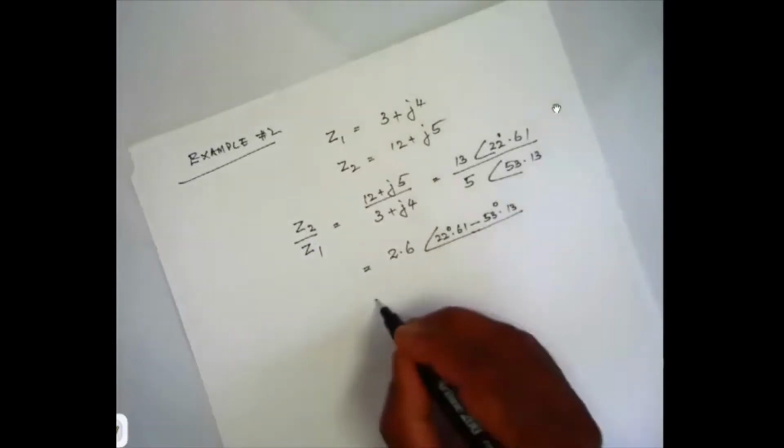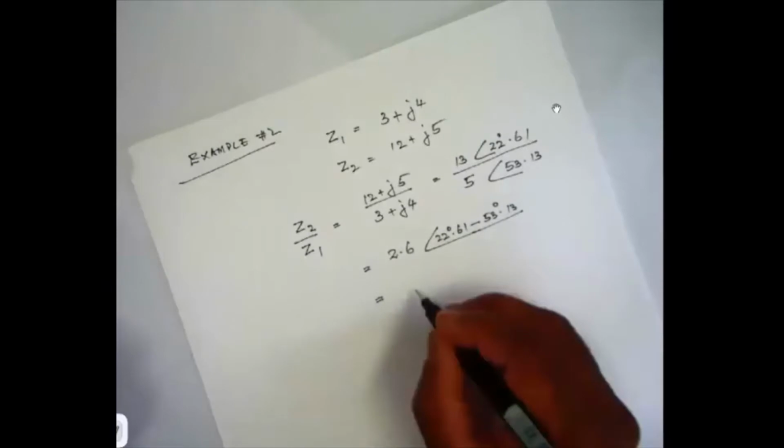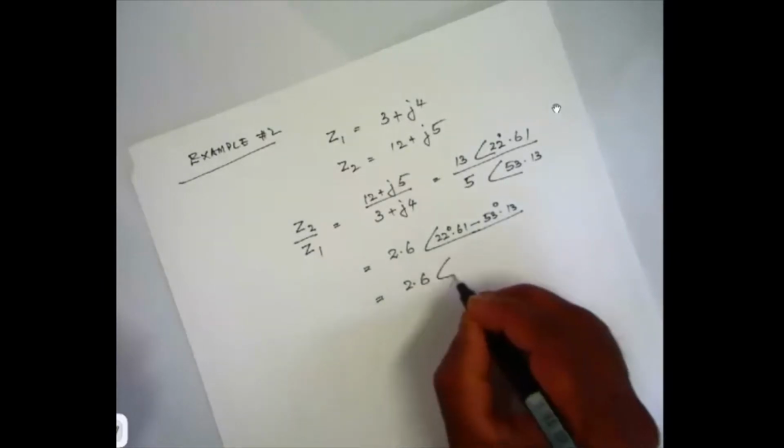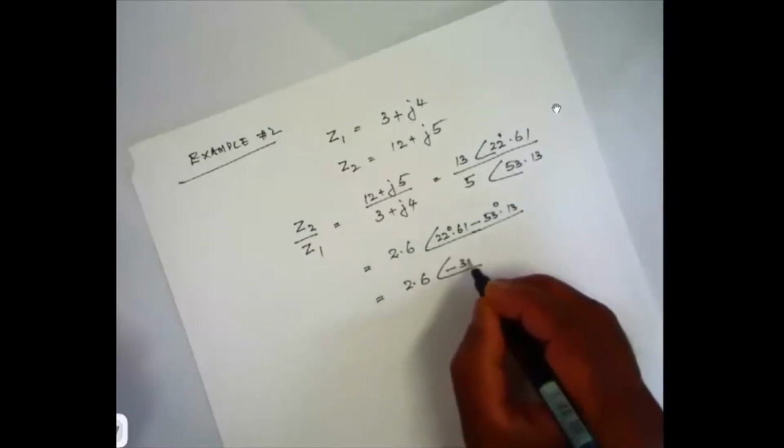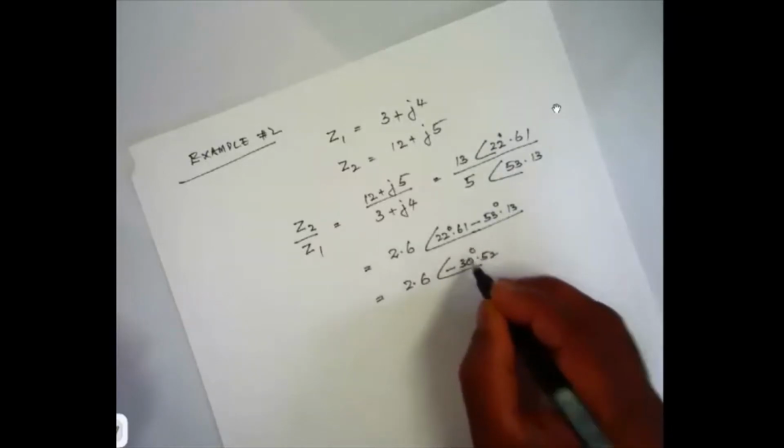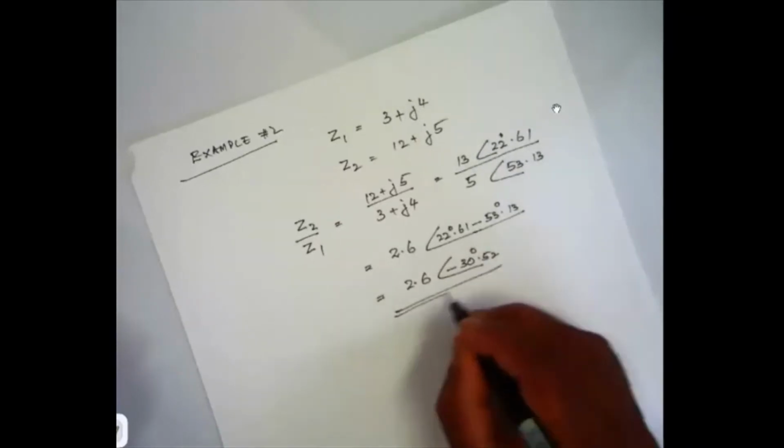So that is actually negative of 53.13 minus 22.61, so that is 2.6 angle negative 30.52, and that's the answer.